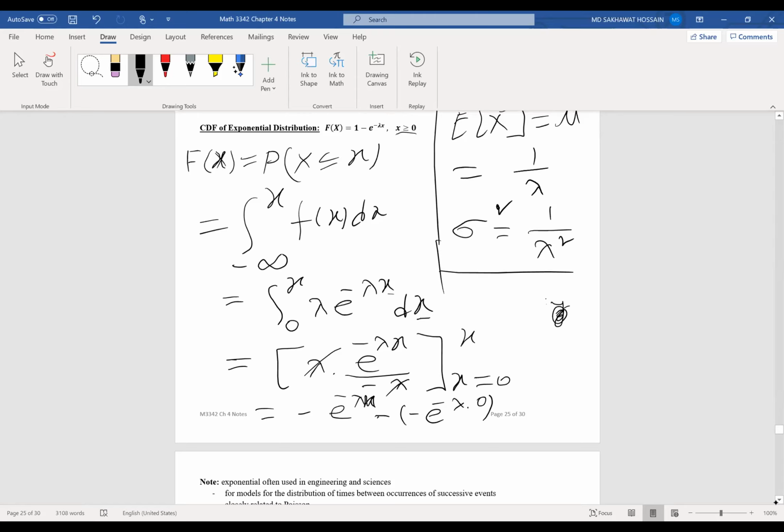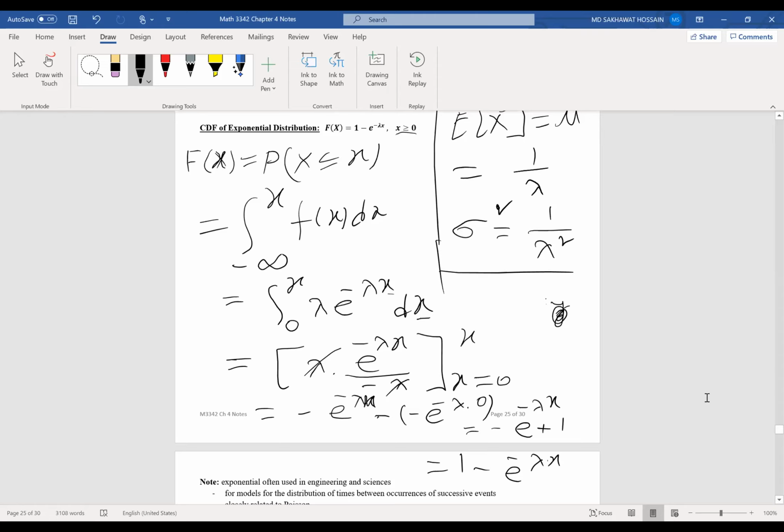If you simplify this, it will be minus e to the power minus lambda x. The second term is negative of a negative, so it will be plus, and e to the power minus lambda times 0 means e to the power 0, which is just 1. So you can write this as 1 minus e to the power minus lambda x.